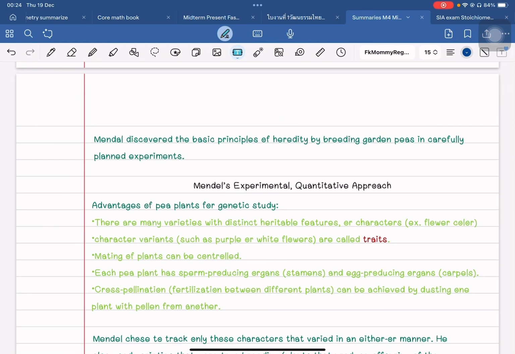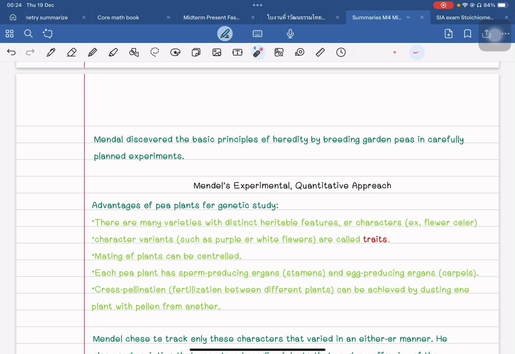The advantage of pea plants for genetic studies is that there are many varieties with distinct heritable features, or characters, for example, flower color. The character variants are called traits, such as purple or white flower color.